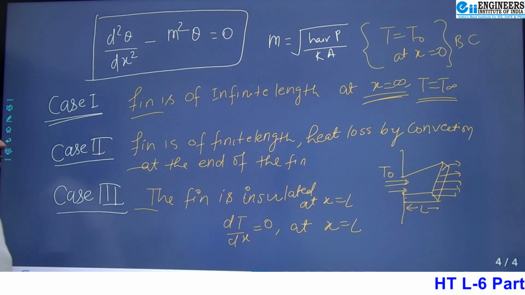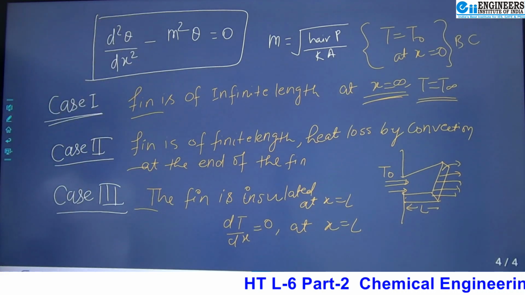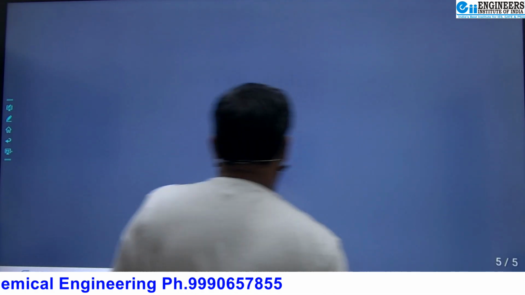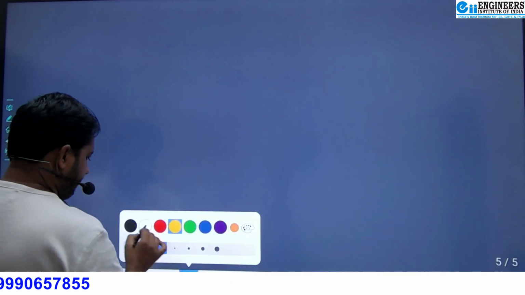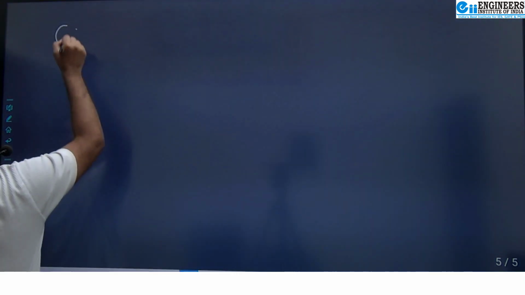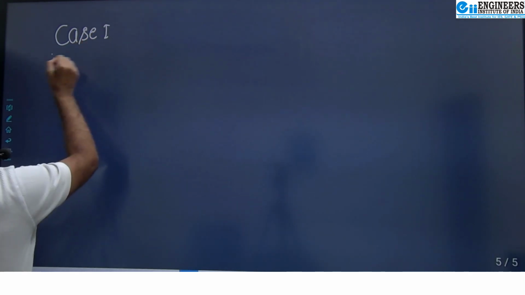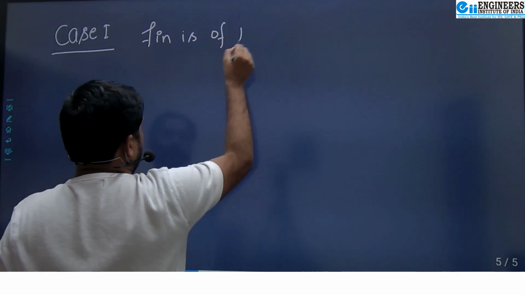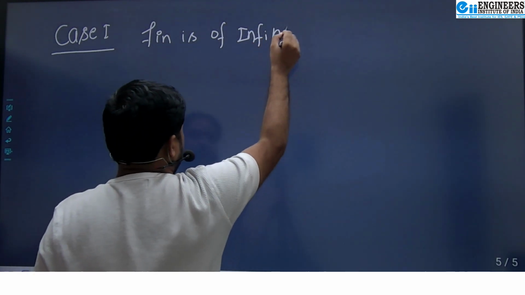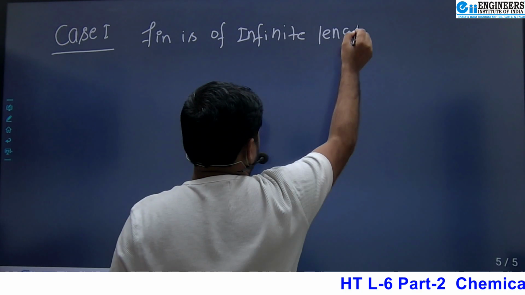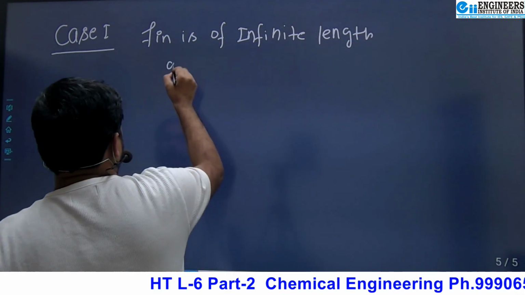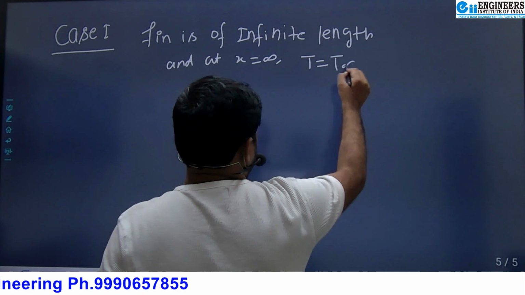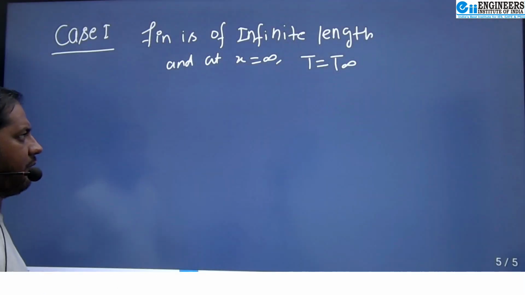Now we will try to find the solution of this differential equation where theta is T minus T infinity. So let's take the cases one by one. First we take case 1, when the fin is of infinite length, and at x equal to infinity the temperature is essentially equal to the temperature of the environment or air.